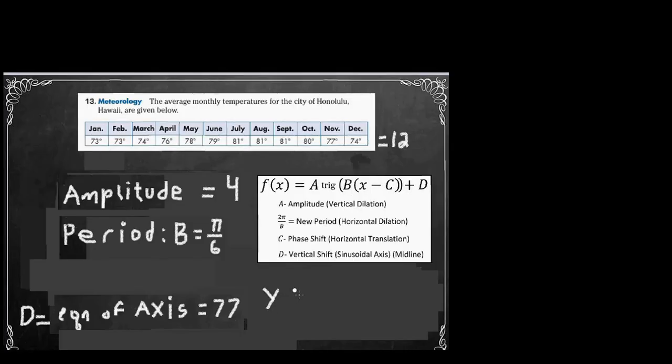For example, for a standard sine function, we already know capital A is 1, since the period is 2 pi. Solving for b makes b equal to 1. There's no horizontal shift, so c is 0. Lastly, the axis is 0, so d is 0.